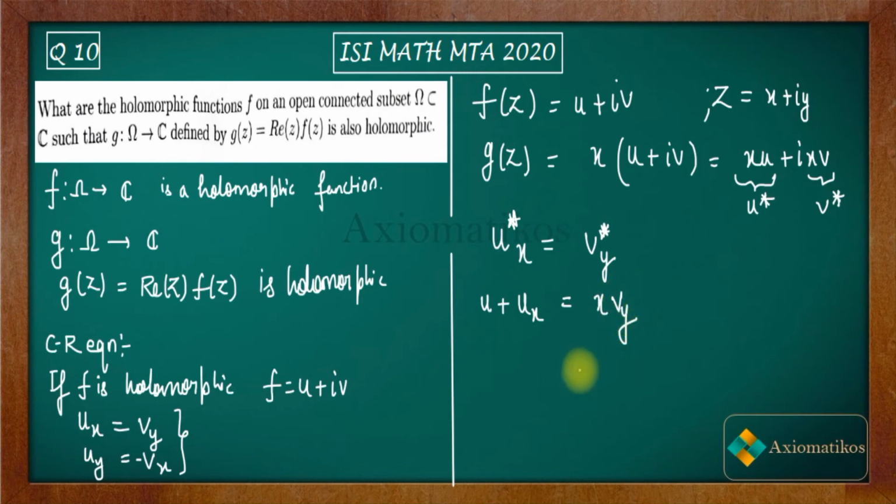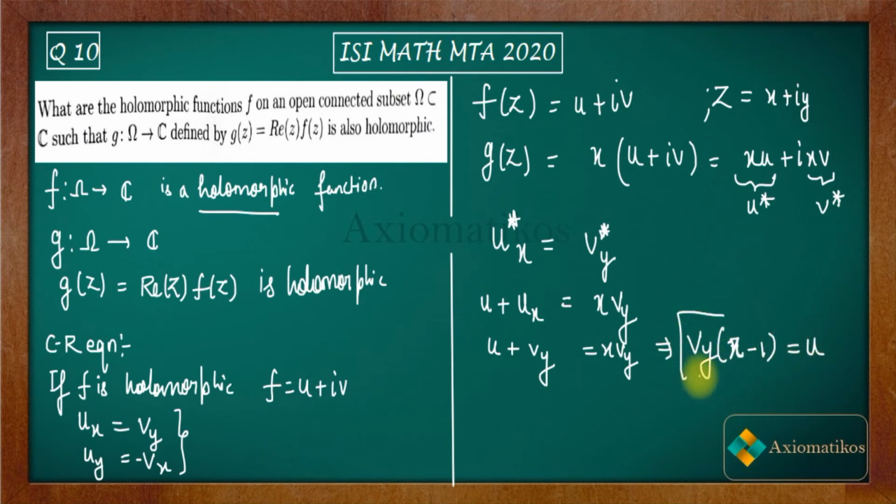Now you know that f is holomorphic, that means u_x is the same as v_y, so I can write v_y in place of u_x. From here you will get v_y times (x minus 1) will be u. This is what you will get from here. We will think about what we can do from here.